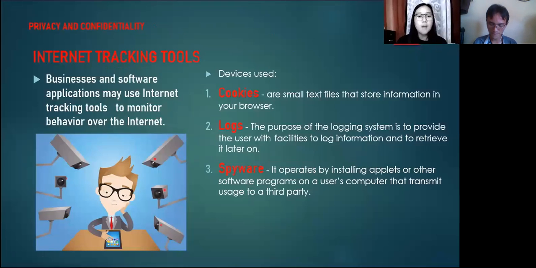So some devices are used that serve as tracking tools on the web. The first is cookies. Cookies are small text files that store information in your browser. When a user visits a website, it might store some cookies to recognize the user in future visits.